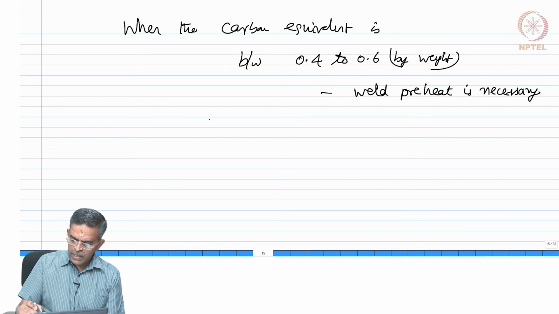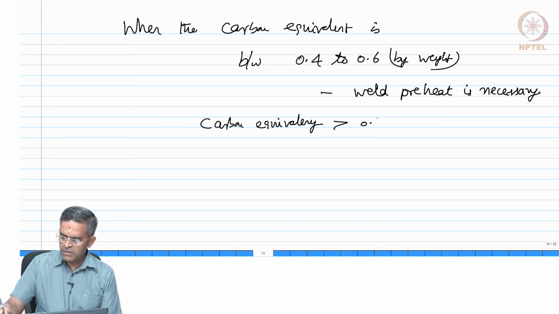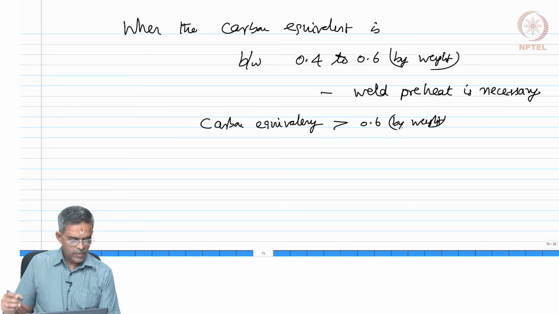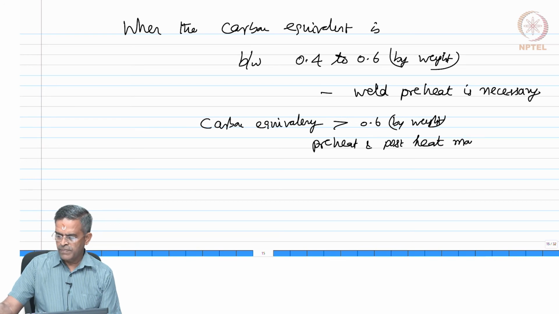When the carbon equivalency is more than 0.6 by weight, then preheat and post heat may be necessary.